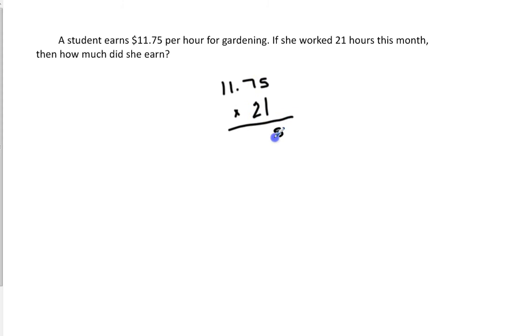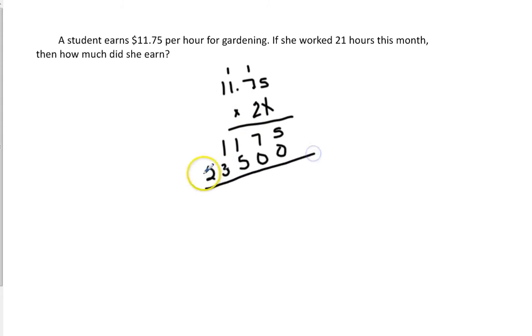5 times 1 is 5. 1 times 7 is 7. 1 times 1 is 1. 1 times 1 is 1. Put a 0 here because I've already used this place value. 2 times 5 is 10. Carry the 1. 2 times 7 is 14 plus 1 is 15. Carry the 1. 2 times 1 is 2 plus 1 is 3. 2 times 1 is 2.